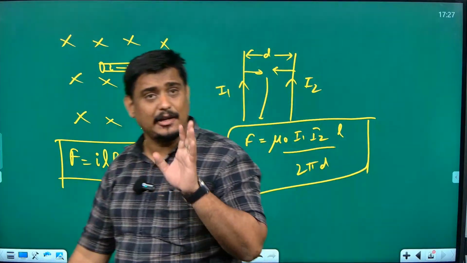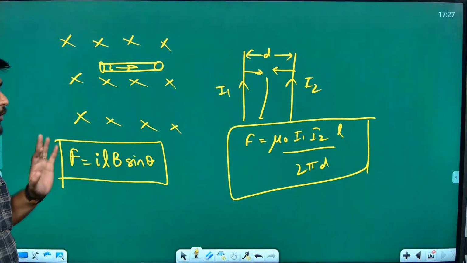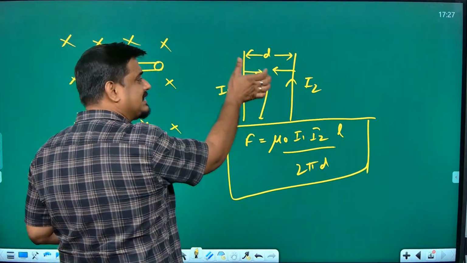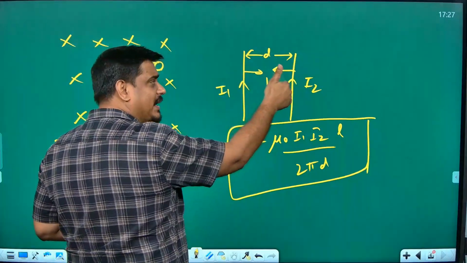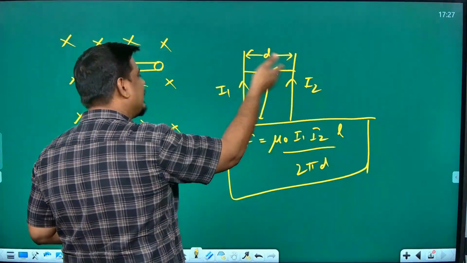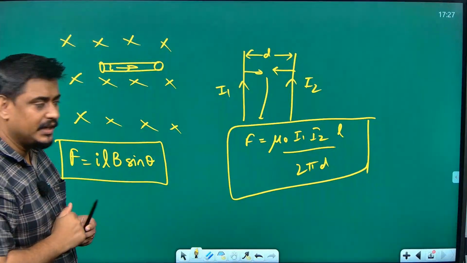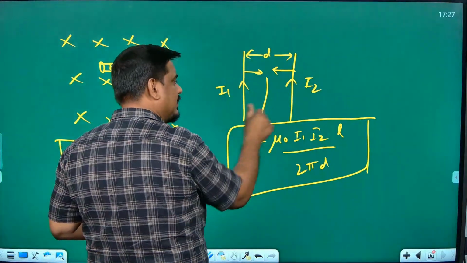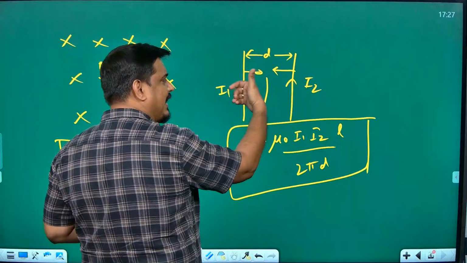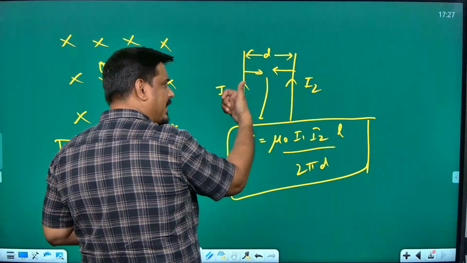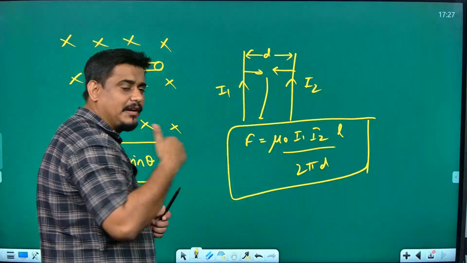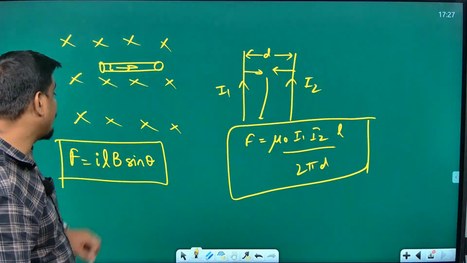This is the formula for force between two parallel current carrying conductors. Now, how it is acting, that also I have taught to you in the other class. I told you, by this current, there is a magnetic field in this direction, into the plane. Magnetic field is there, current is there, ILB force will act on it. Same way, this is producing a magnetic field like this, out of the plane. Out of the plane magnetic field, current, it will get a force. Direction of force is given by what?